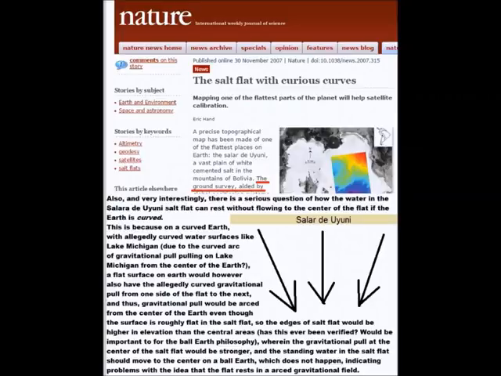It's almost like saying nature created something with a straight edge, which is difficult to fathom. Usually geometries in nature are jagged and fractal and so forth. This is problematical, because the gravitational pull will be stronger in the center of the Salar than at the edges, since the edges would be further away from the center of the Earth according to the round philosophy.